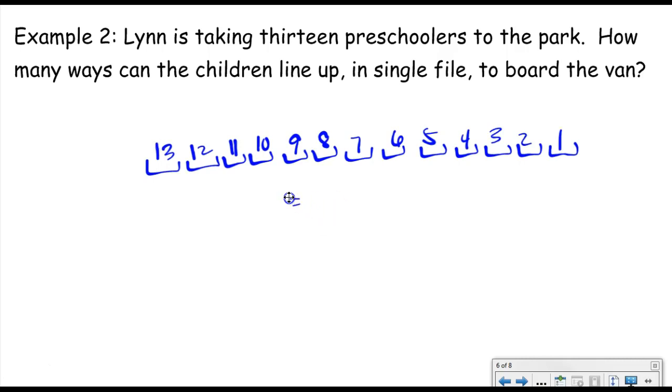I do my 13 factorial in my calculator. And I get 6,227,020,800 different ways that she can line them up.